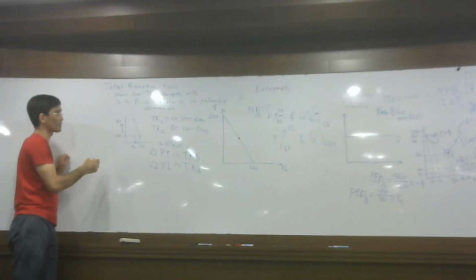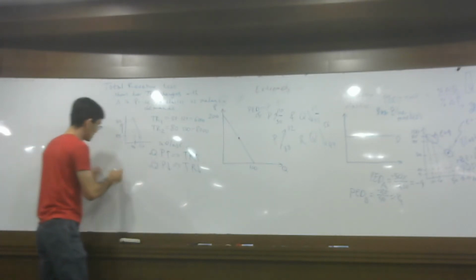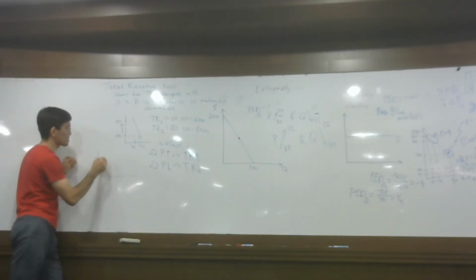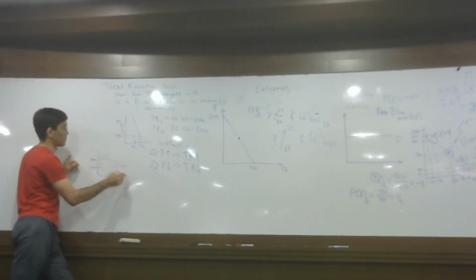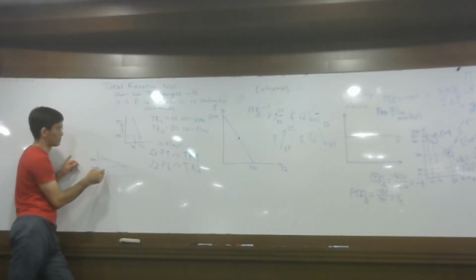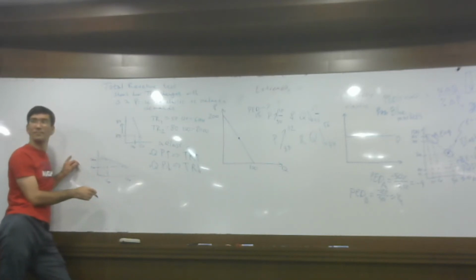Now let's have a look at another example of elastic demand. We had German sausages. Yeah. So 160, 100, 50, and 120, I think we had.